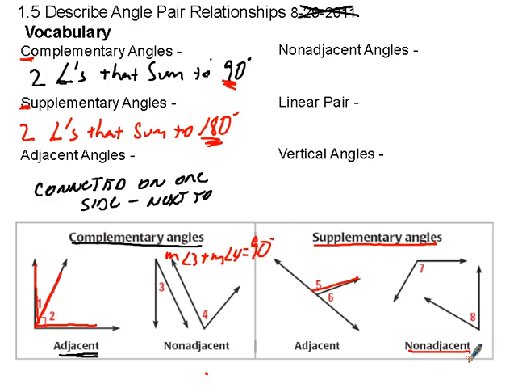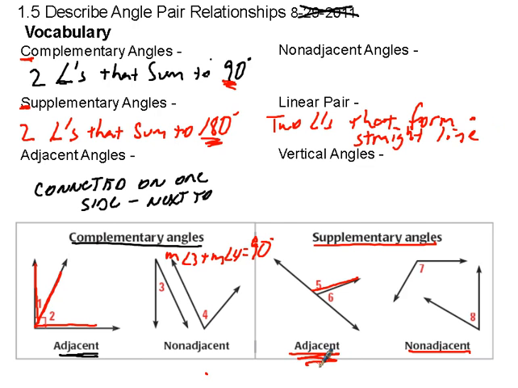Linear pair is two angles that form a straight line. They have opposite rays. Our adjacent supplementary angles do that.